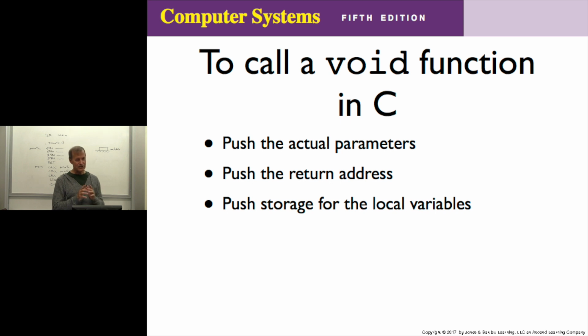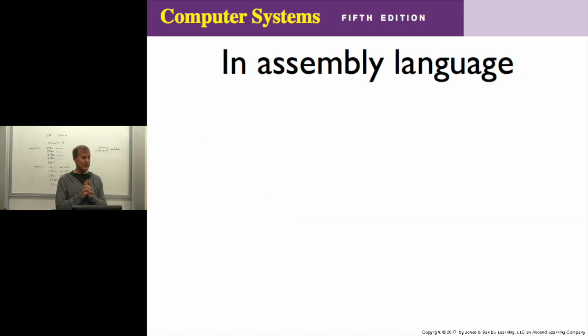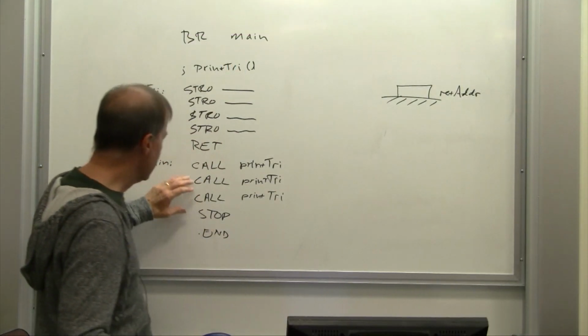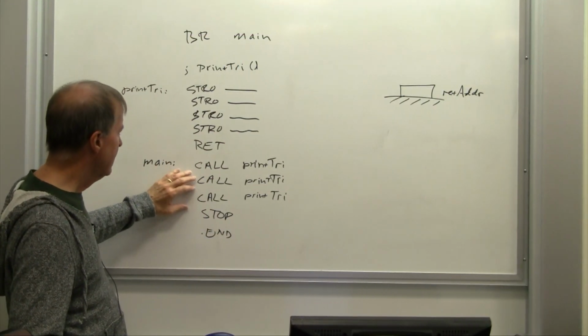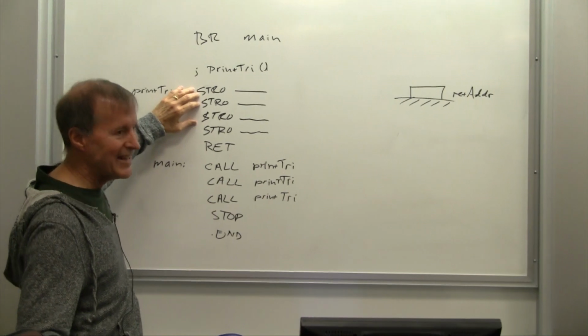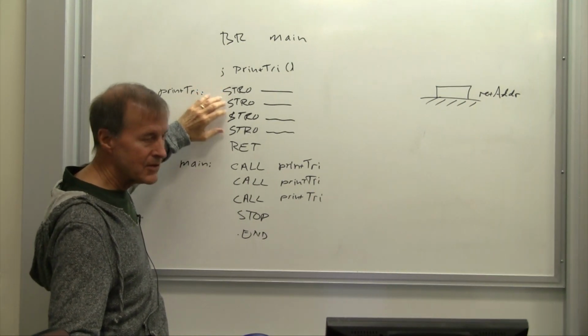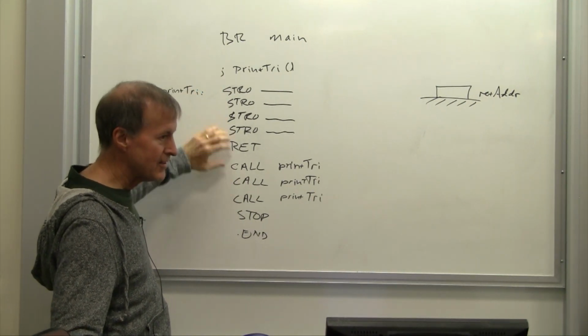Now, you've memorized this before, but now we're going to see how it actually works in practice with the compiler. And here is the deal. In assembly language, this is the caller, the function is the callee.